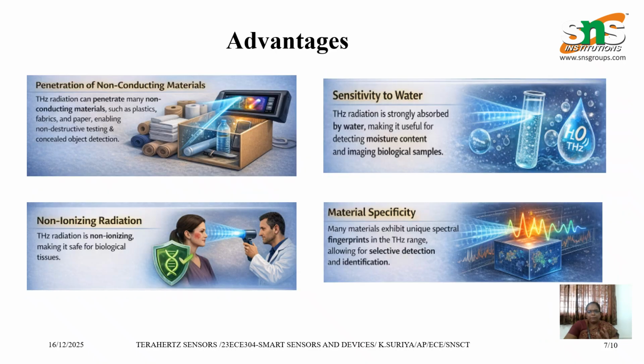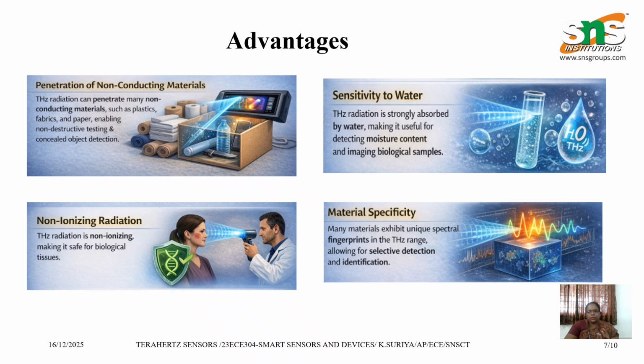Next, we'll see about the advantages of terahertz sensors. The terahertz radiation is non-ionizing, making it safe for biological tissues, and it is strongly absorbed by water, making it useful for detecting moisture content and imaging biological samples. So, it's very sensitive to water.